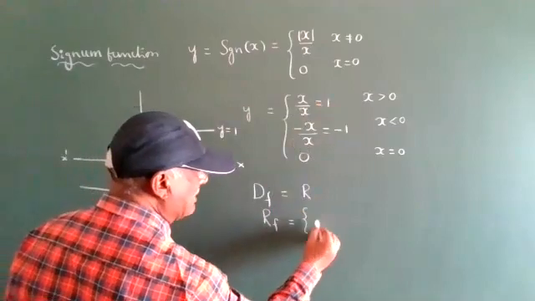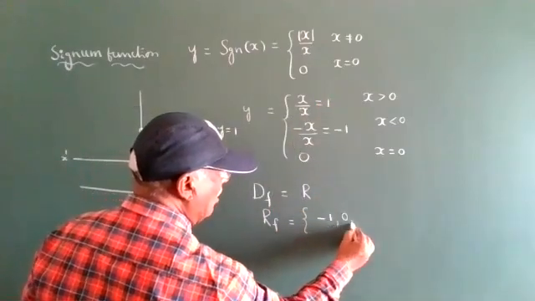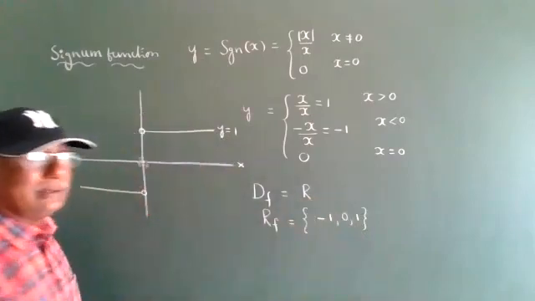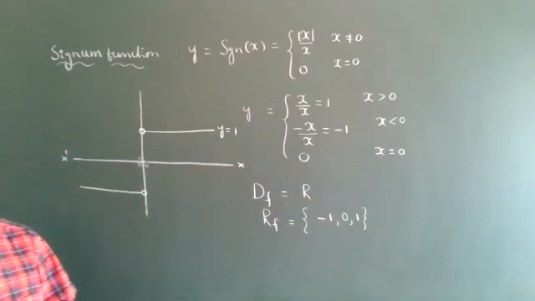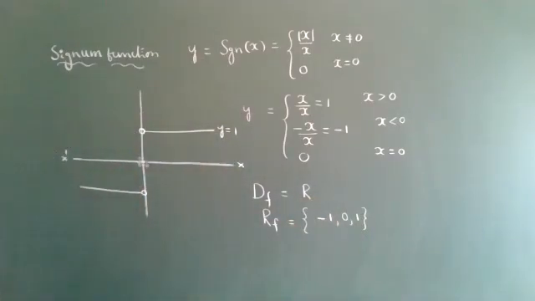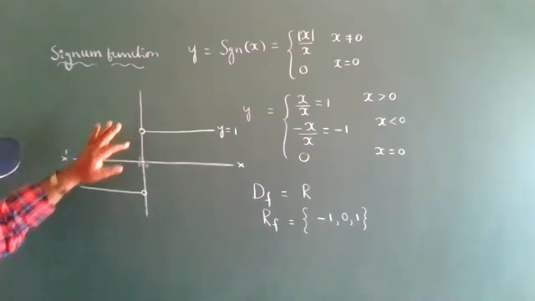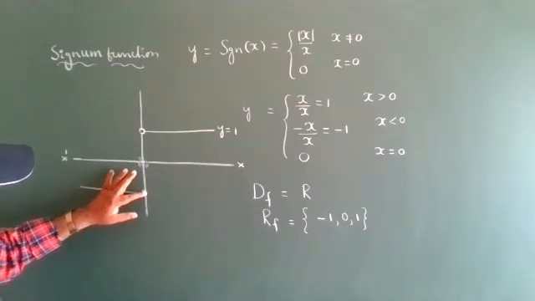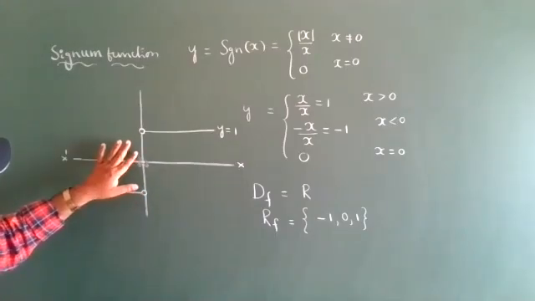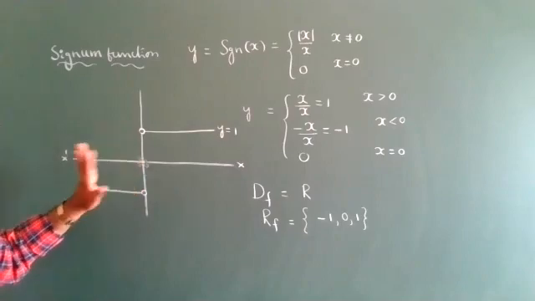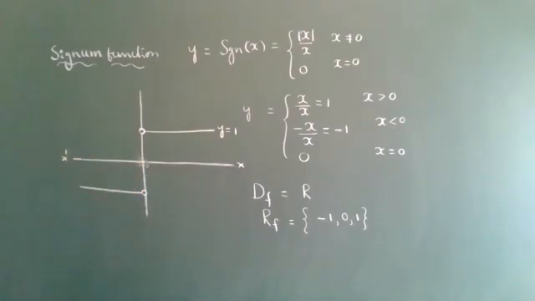What are the three numbers? They are -1, 0, 1 only. Okay? This is called the signum function. Here 0 is not included, that's why open circle. Here also 0 is not included, open circle. Here 0 is included, closed circle. Okay? Right.